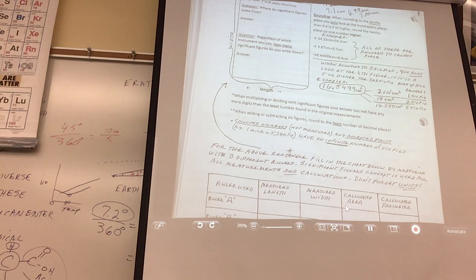You have 7/10 of a dollar. You guys are thinking about the rules for calculating with sig figs.